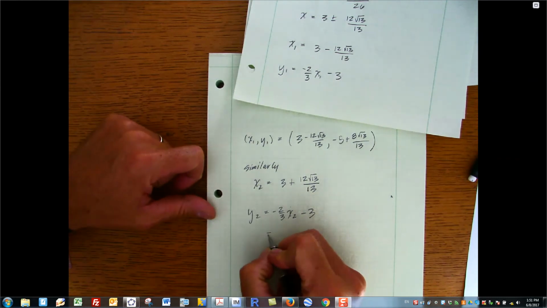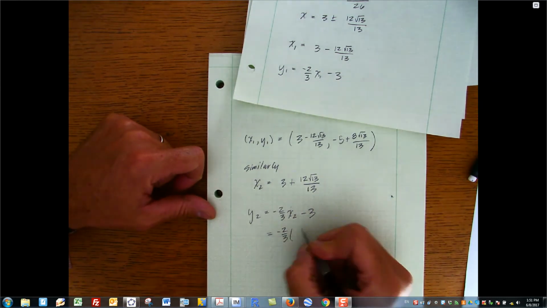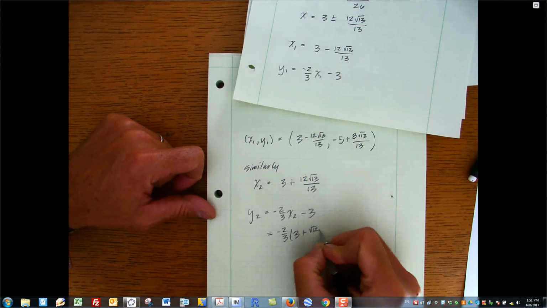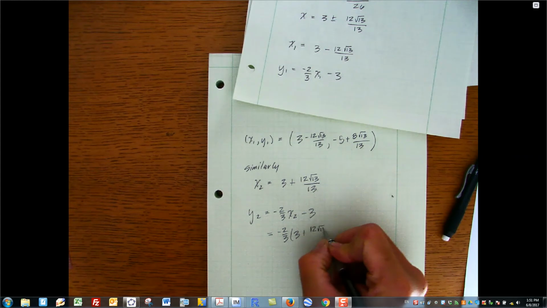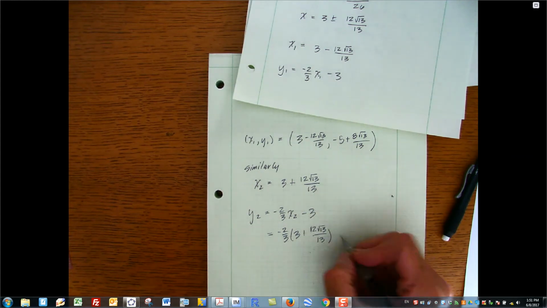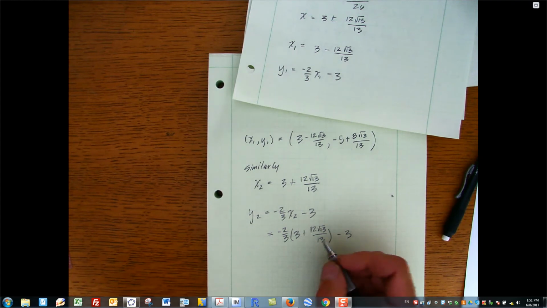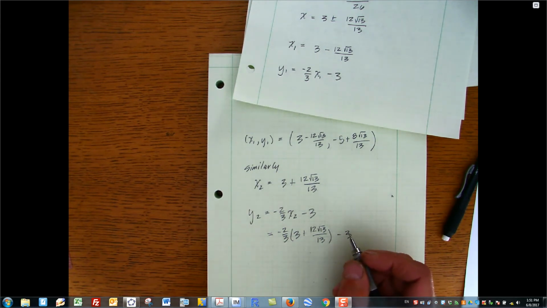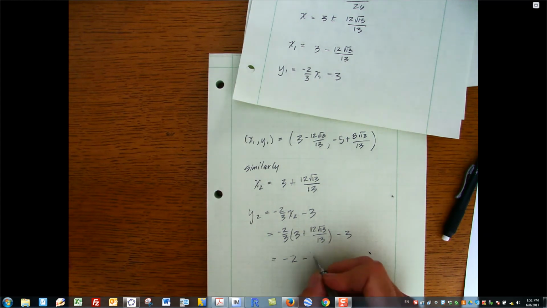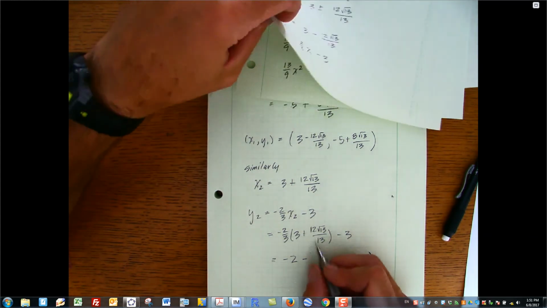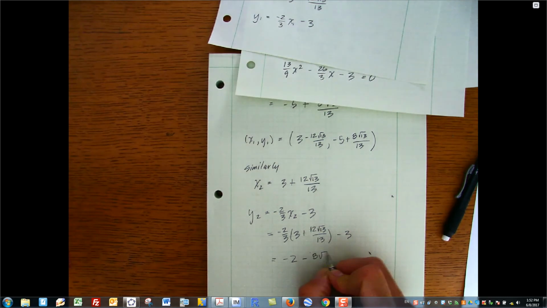Okay, so negative 2/3, 3 plus 12 root 13 over 13. Minus the 3, don't forget it this time. Okay, so the 3's will cancel here, and we'll get negative 2. The 3's will cancel here. I'll get a 4 minus times positive, so it'll be minus 4 times 2, or 8 root 13 over 13 minus 3.